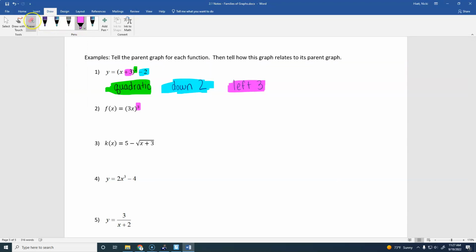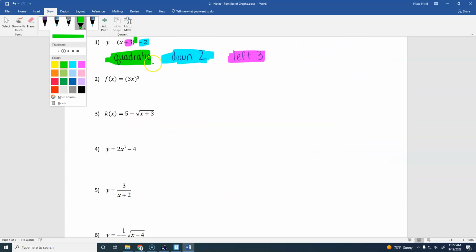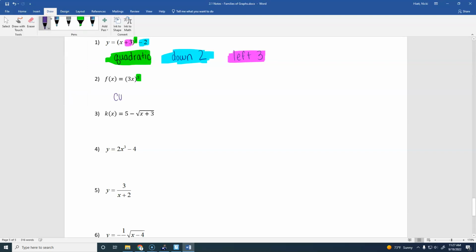That 3 right there is what tells us what type of function we're dealing with. It's a cube, so this is a cubic function. The parent function would just be x to the third.